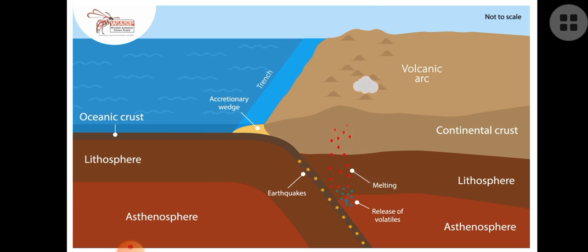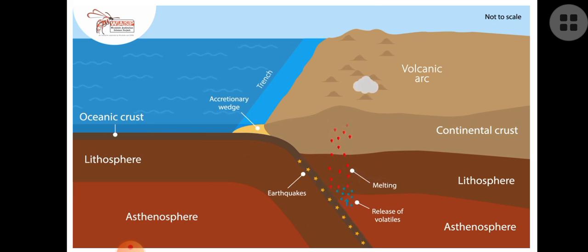When they collide, you can see some changes happening here. There is a star in the middle portion, which shows earthquakes. When two lithospheric plates hit each other, it forms earthquakes.